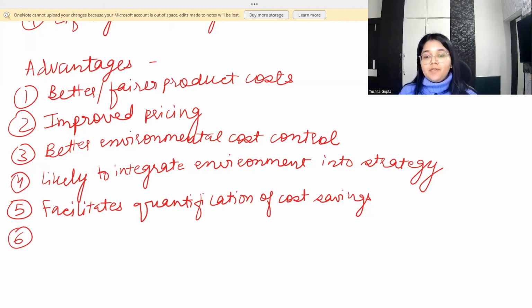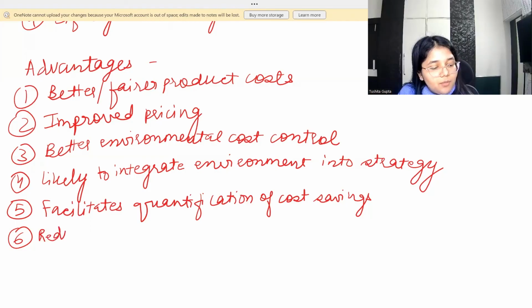Then another benefit that we can talk about is that it reduces the potential for cross subsidization of environmentally damaging products. So basically, this means that probably if we are producing some kinds of products that cancel out each other's environmental effects, this also reduces the potential for such products which actually cause damage to the environment.